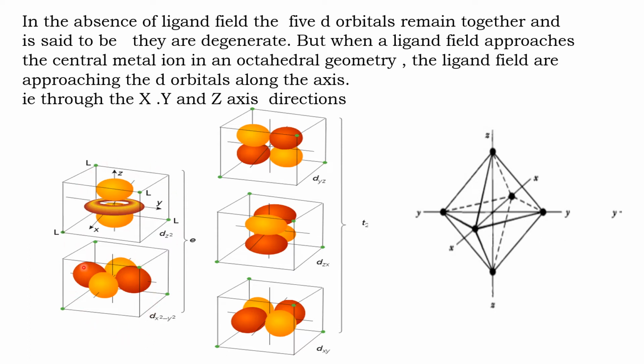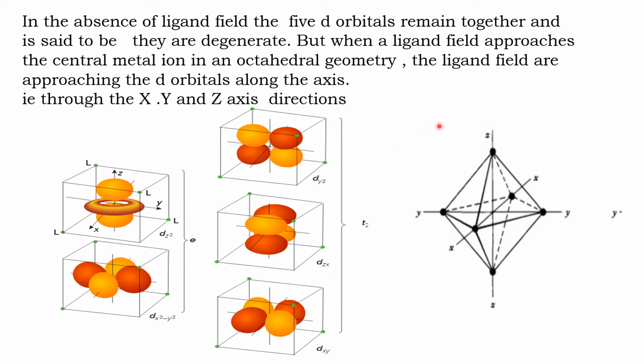Why? Here we have electron pairs or electrons, and the ligands are bringing negative electronic charge along the z-axis or x-axis or y-axis. But see here, these orbitals are between the axes.